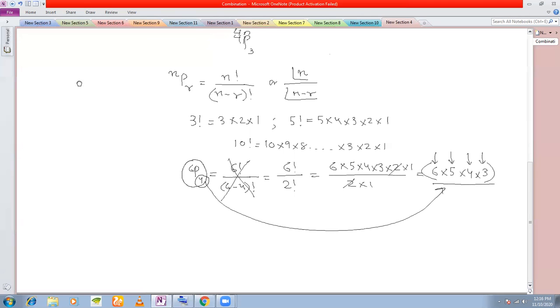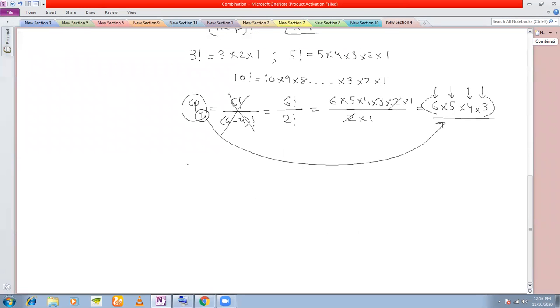Similarly, if I have to calculate 10p5, how will I do it? 10, then 9, then 8, then 7, then 6, and then stop, because here I have 5 terms. Understood?